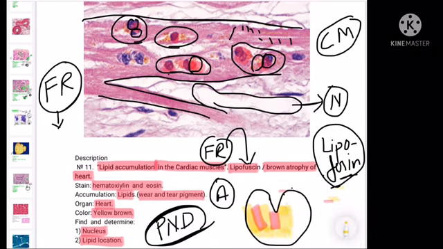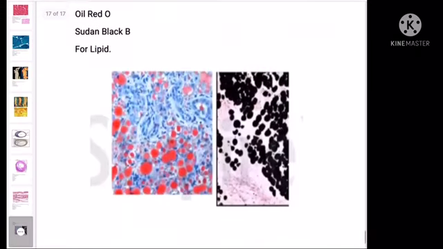So it looks like the skin of a tiger. That's why it's called the tiger effect of the heart. So tiger effect, free radical injury, age related, and perinuclear: these are all associated with lipofuscin.